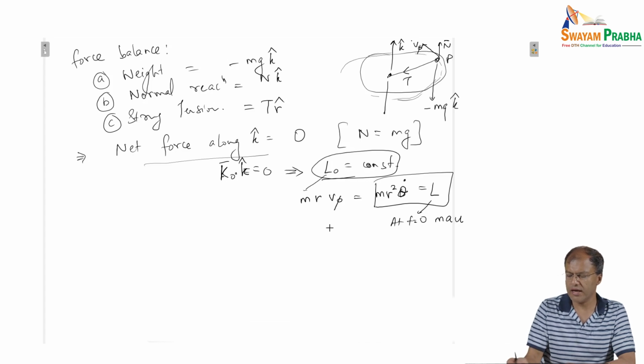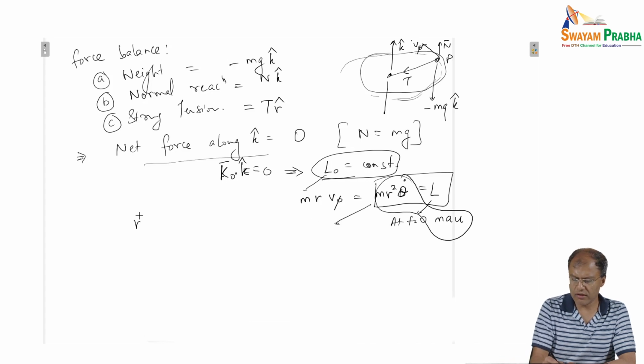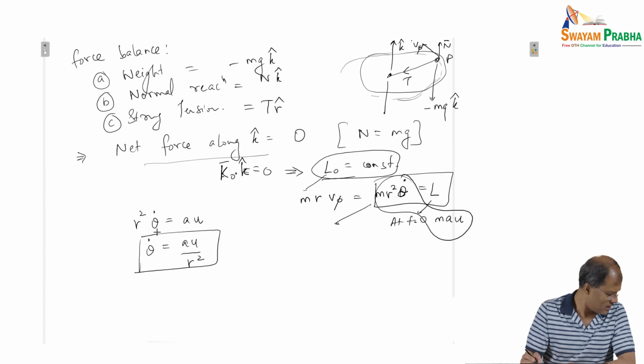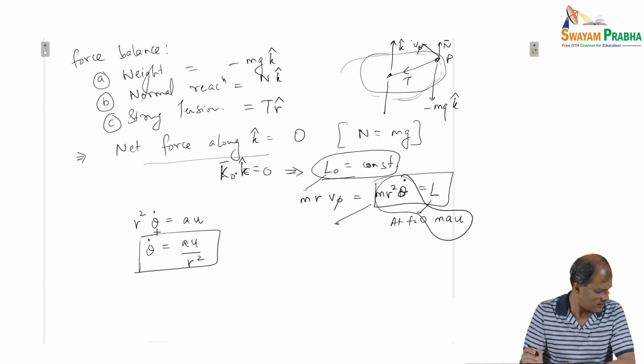So from here we can get a relation. From this condition we can get a relation that r square theta dot is a times u, or theta dot is au by r square.